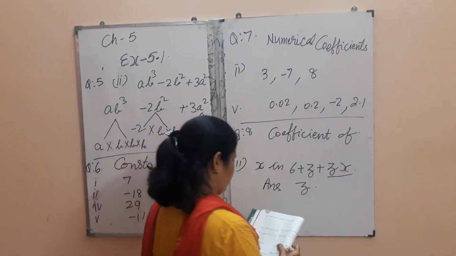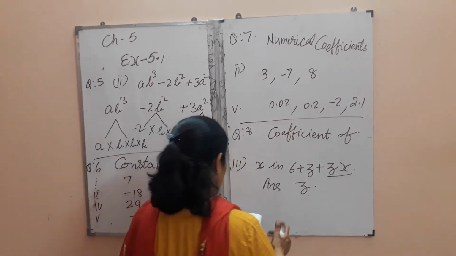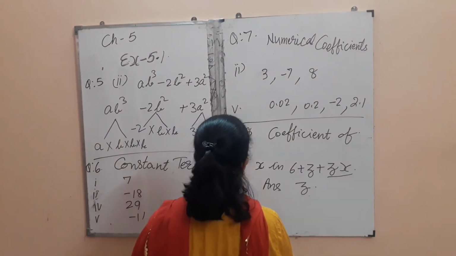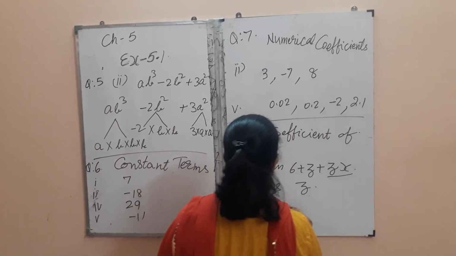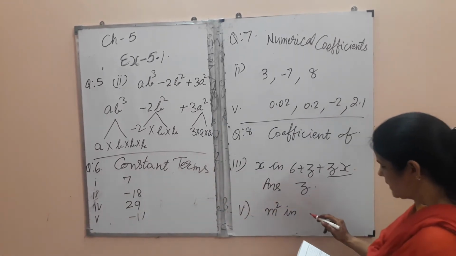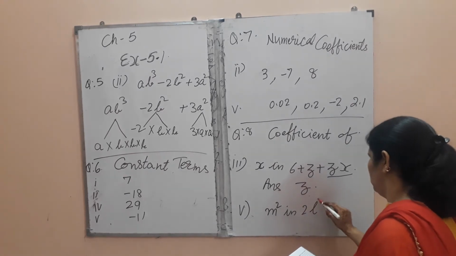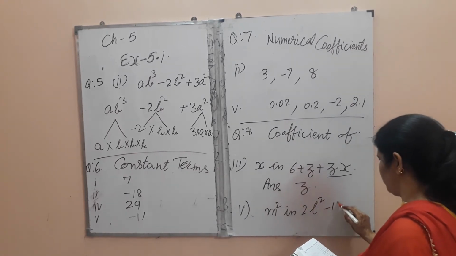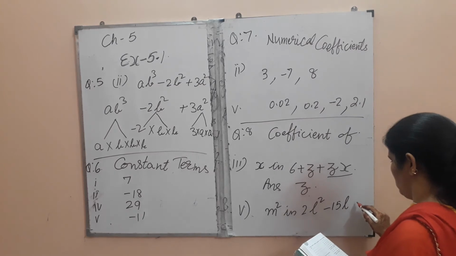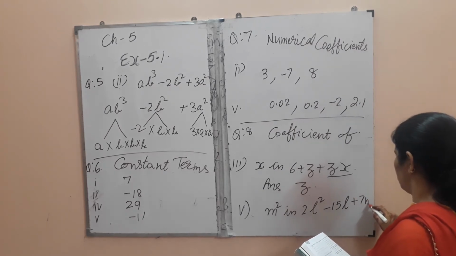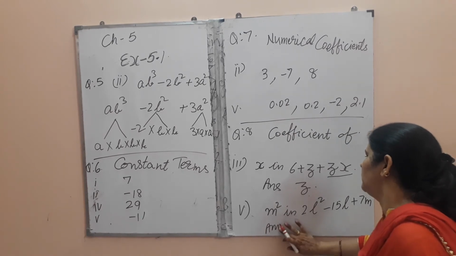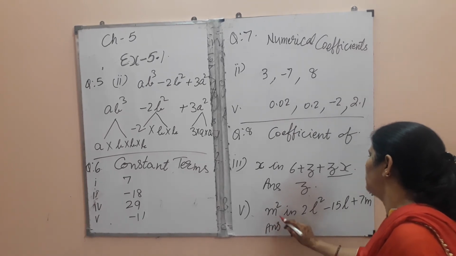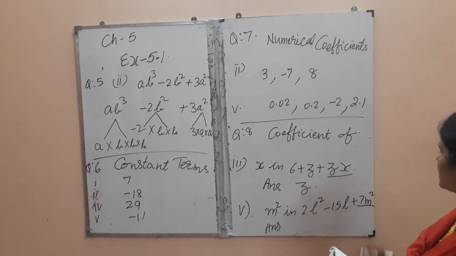Next, I do in question number 5th. I am doing m square in 2l square minus 15l plus 7m square. So the answer: m square is with the 7 in this term only.